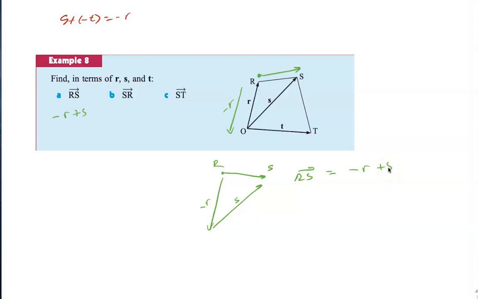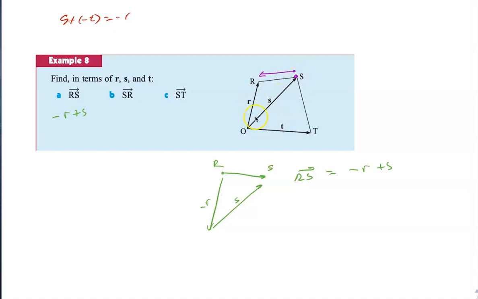Let's do that a couple more times. It's always a little weird the first time you see it. So let's look at SR. I'm going to start at S, and I'm going to go to R. Well, kind of the same idea. If you're going to start at S, you have to go down this way, because you can only go down the vectors that we have.